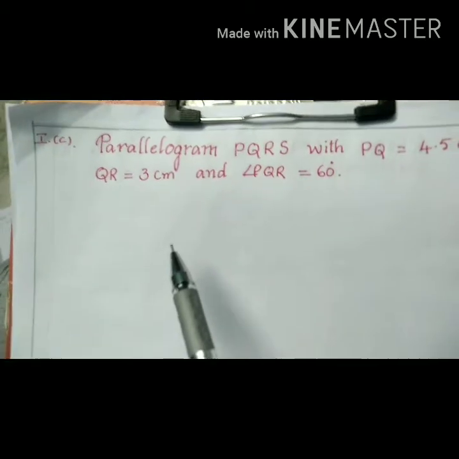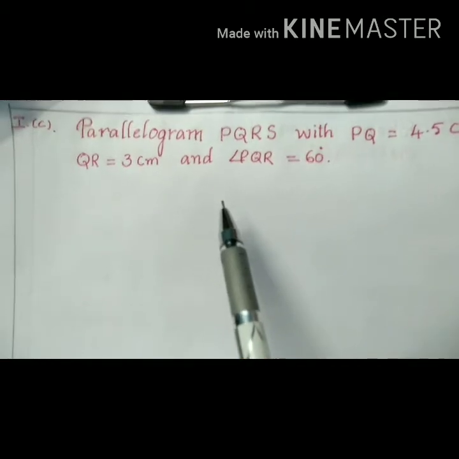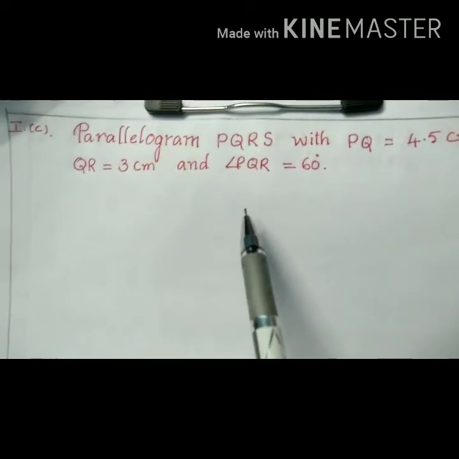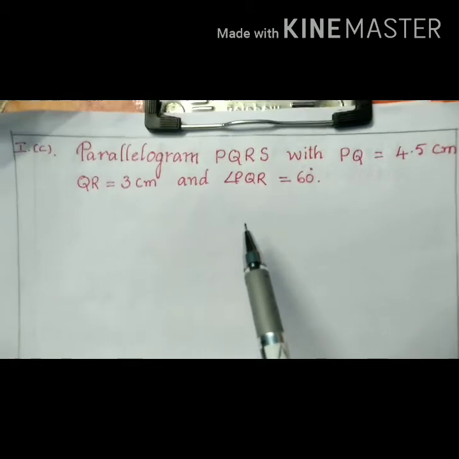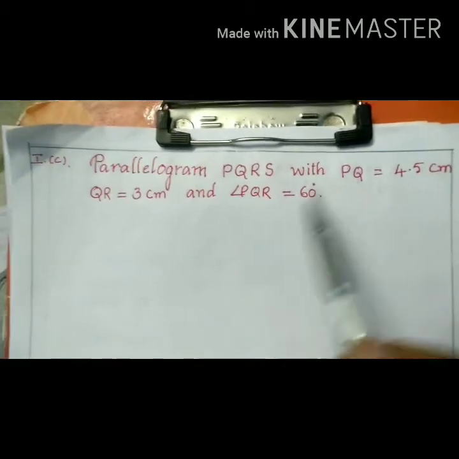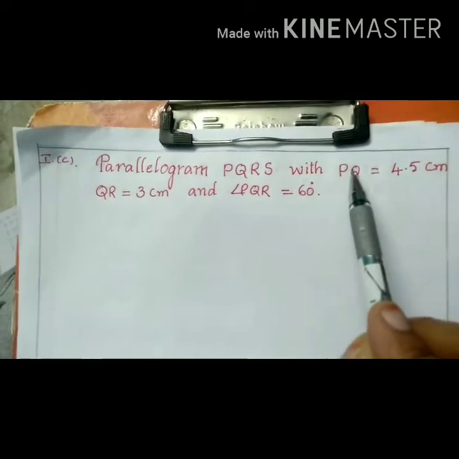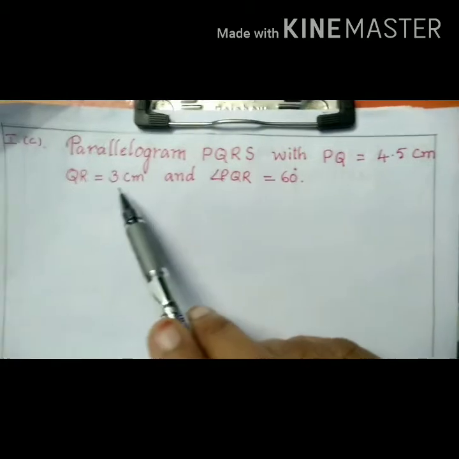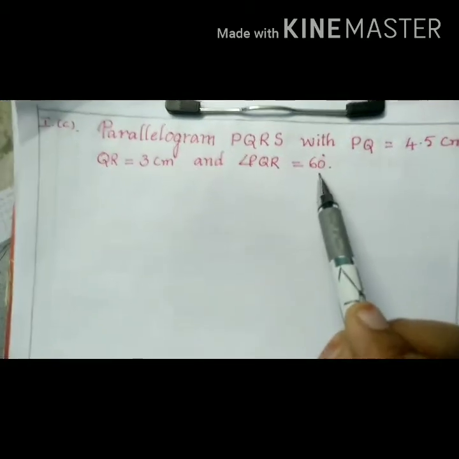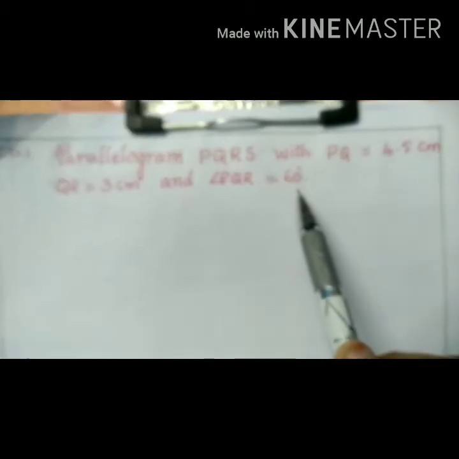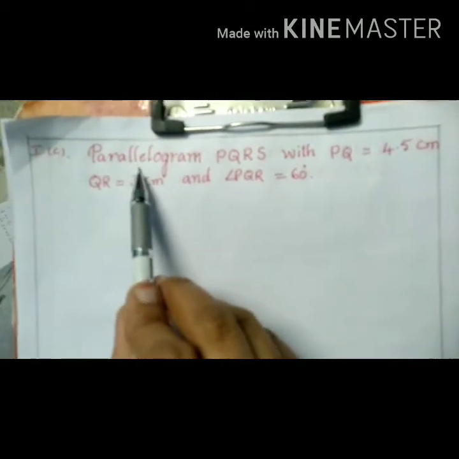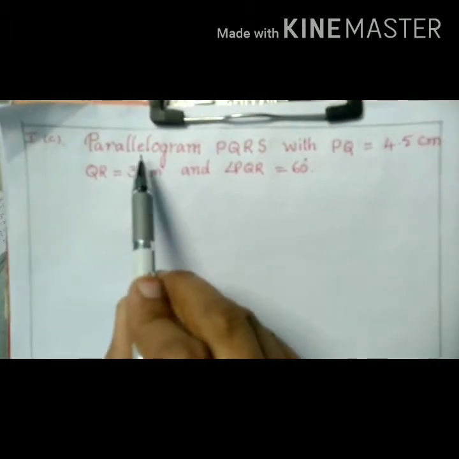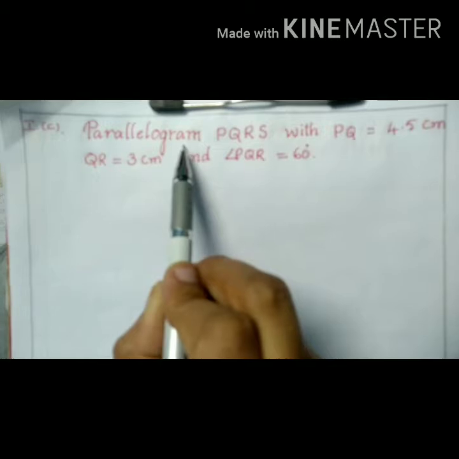So let's see how to construct a quadrilateral PQRS. How is it possible to construct a quadrilateral? Here only two sides and one angle are given. So observe that the type of quadrilateral is a parallelogram.